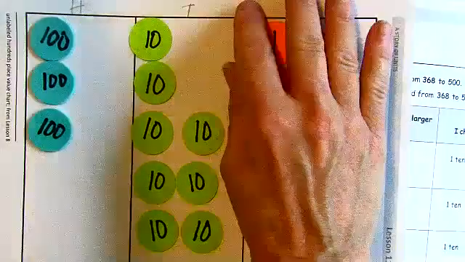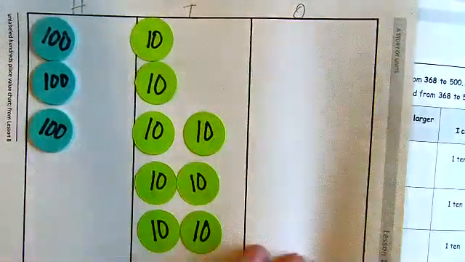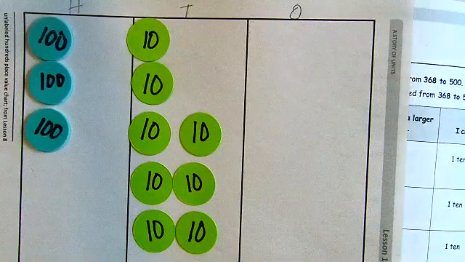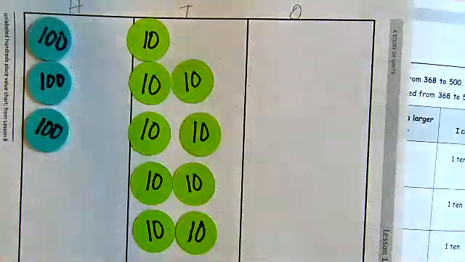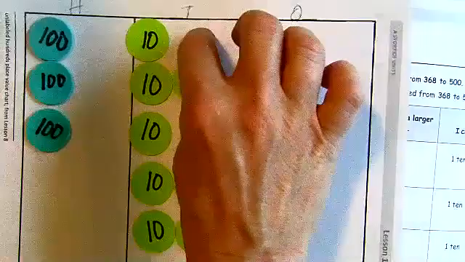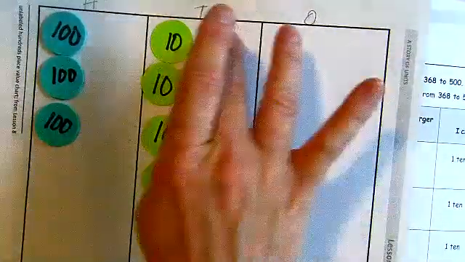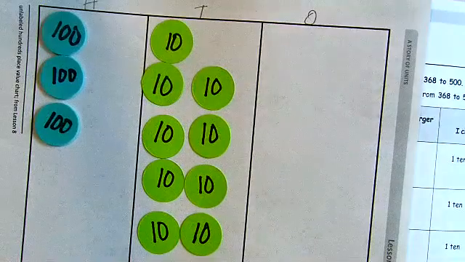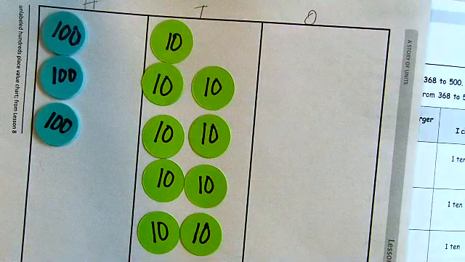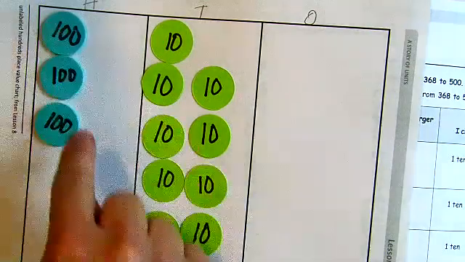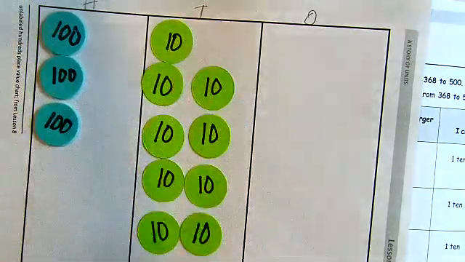Again, we have 10. We can trade it out for a 10. Now we only need one more group of 10 before we can trade in for 100. So we're at 300s and 9 tens, which is 390.